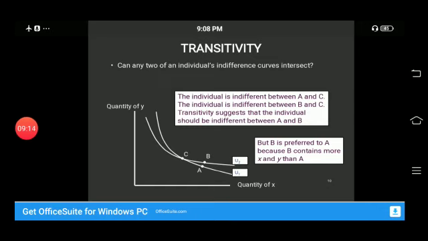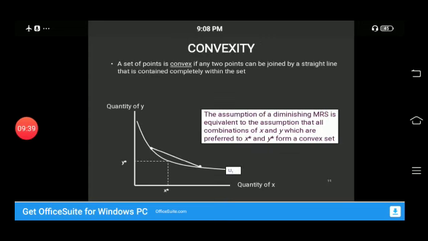But in reality, when we look at the graph, we see that B is on the higher indifference curve. So from B we get more utility than from point A. So we conclude that indifference curves can never intersect. This is the transitivity property.